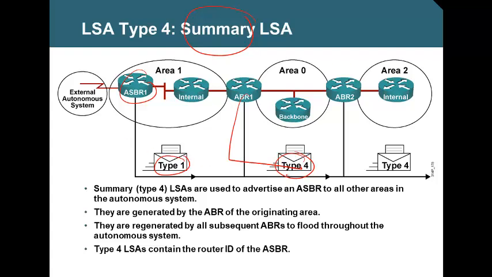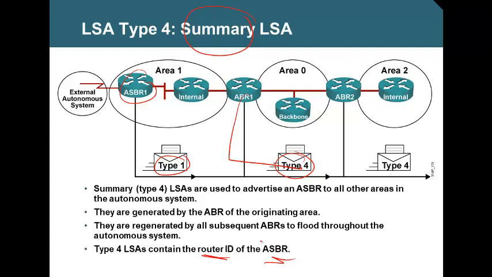And from where is it originating? It is not originating from the ASBR, it is originating from the ABR. And type 5 is the one which originates from the ASBR itself.